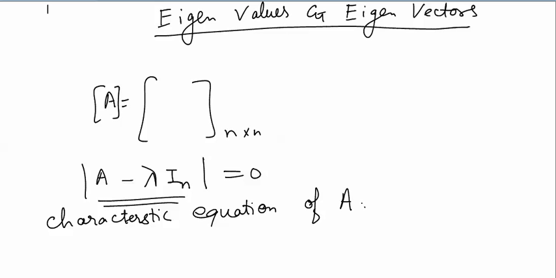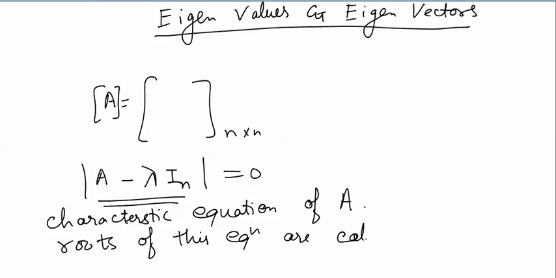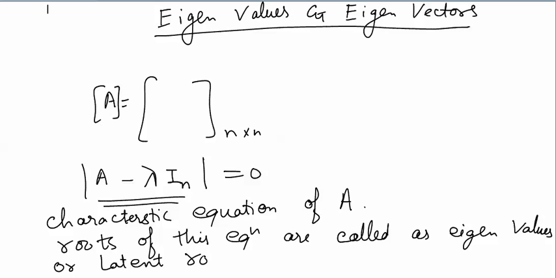Getting my point? Now, the roots of this equation are called eigenvalues, or latent values, or you can sometimes refer to them as latent roots or characteristic roots.